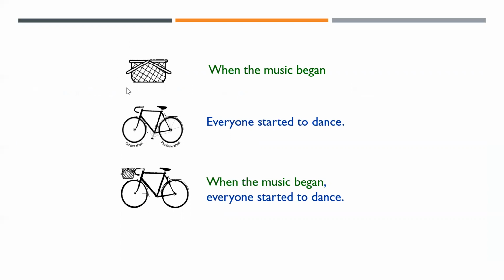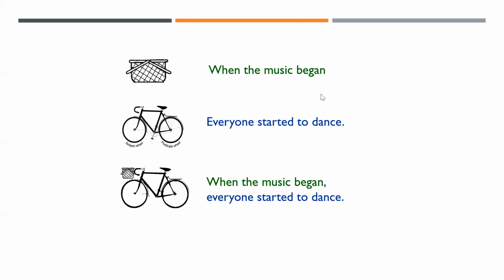If you combine the subject and predicate, it is the first part, and then you have the additional sentence like this one, the basket of the bicycles, and then you can put it here at the beginning of the sentence. For example, "When the music began, everyone started to dance." This is the main clause, and then this one is the supporting clause.